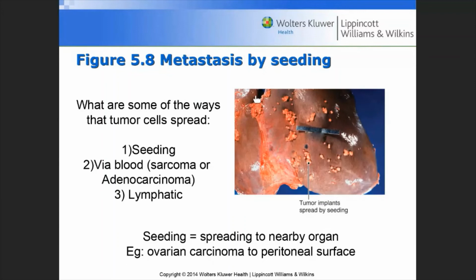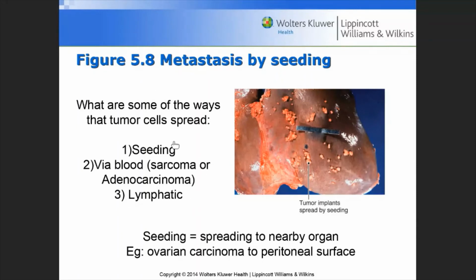What are some of the ways the cells might move away from the initial site? There are three. First is seeding. This is ovarian cancer that is crawling to the nearby organ. We call that seeding. Or it can move to a distant site through the lymphatic or through the blood. If it's carcinoma, I would say it is through the lymphatic.